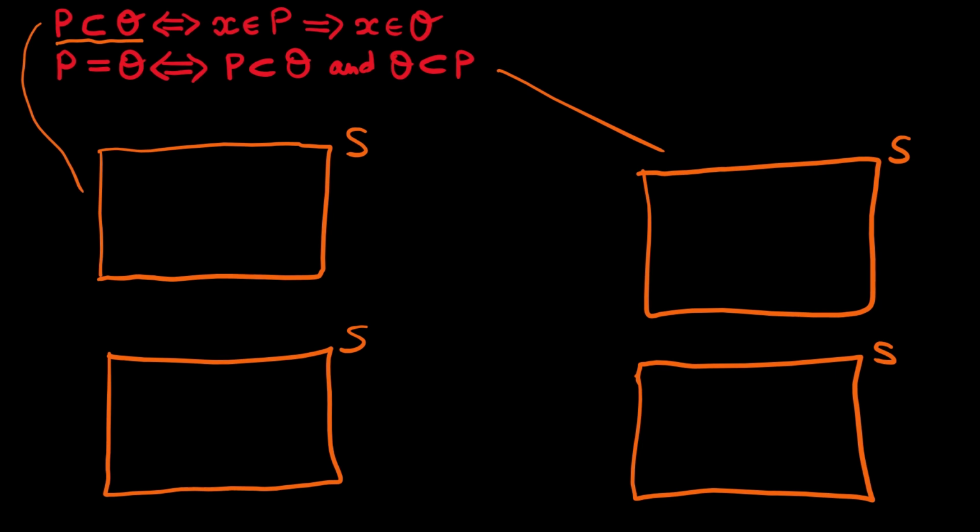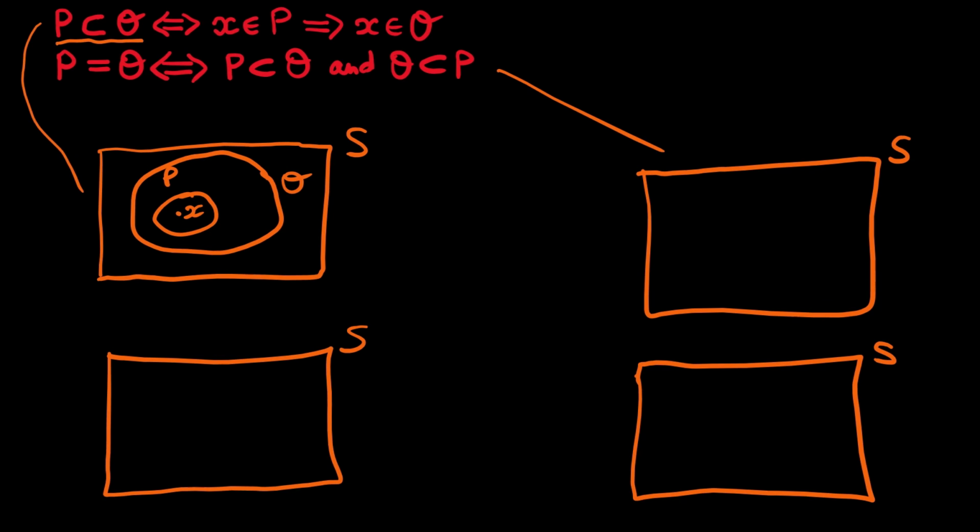It says P is a subset of Q. So it means we've got to draw P and Q such that P is a subset of Q. So it says that if that's the case, then should you pick an X inside P, it will also be inside Q. That makes perfect sense, right?